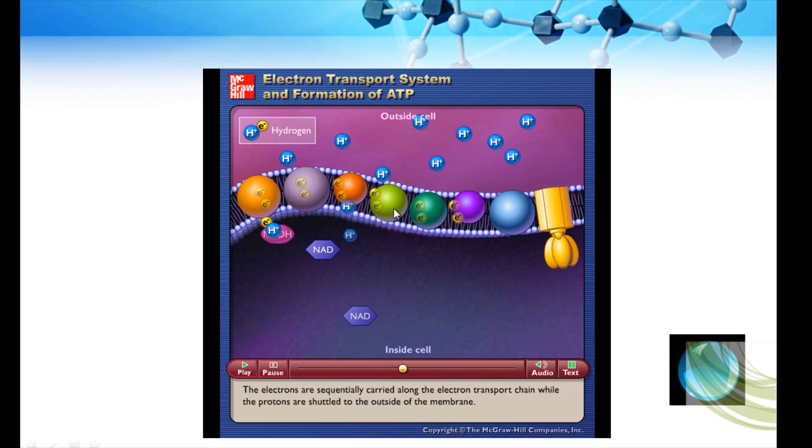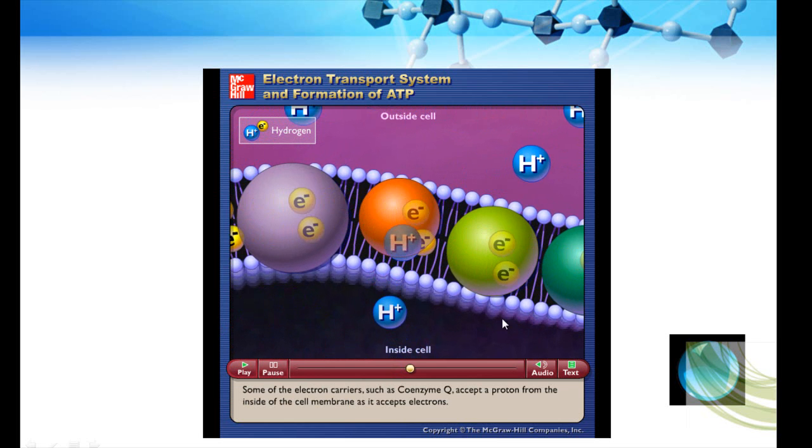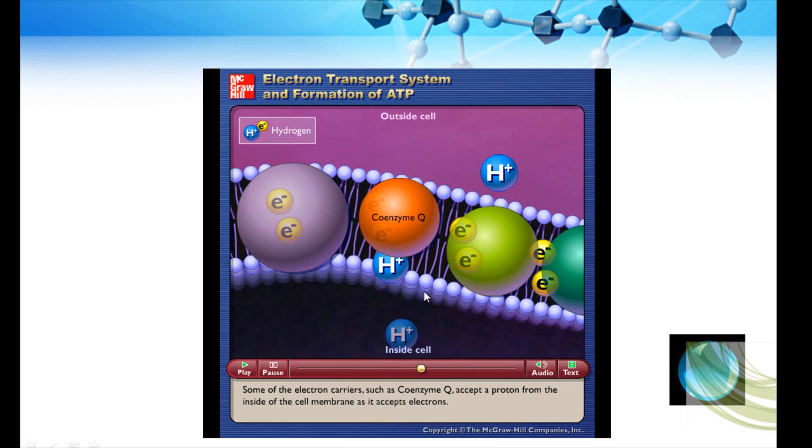You can see the electrons being transferred along this series of coenzymes and using the energy to pump hydrogens across the membrane.